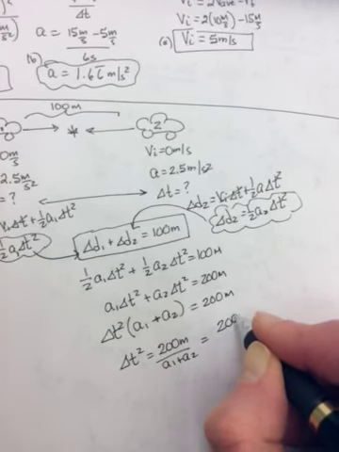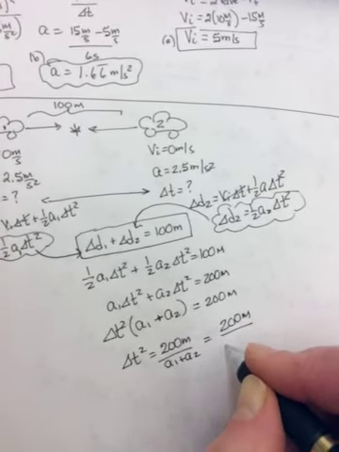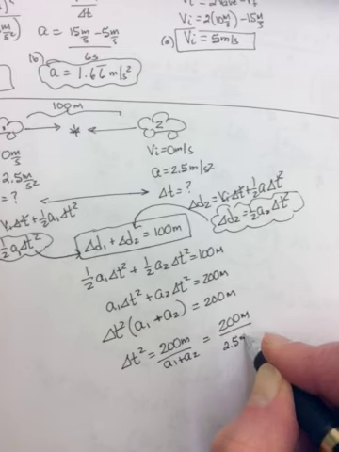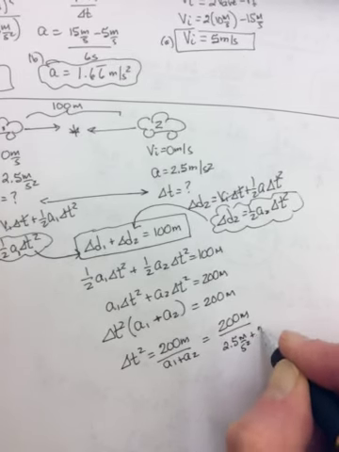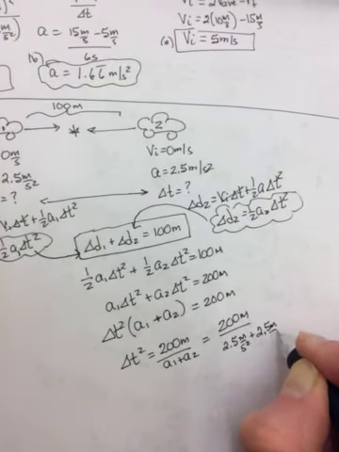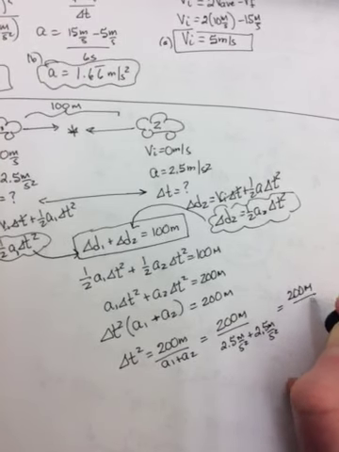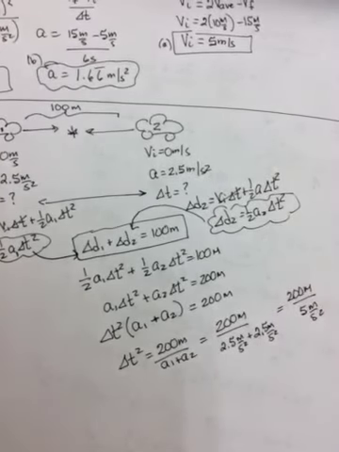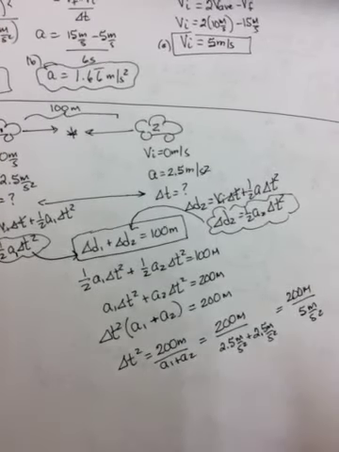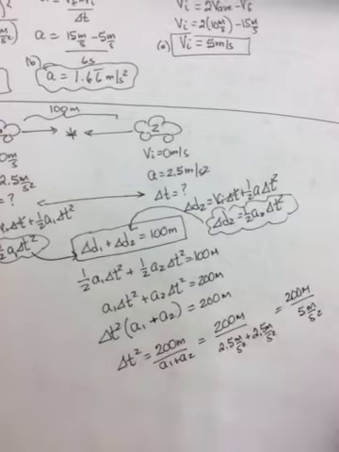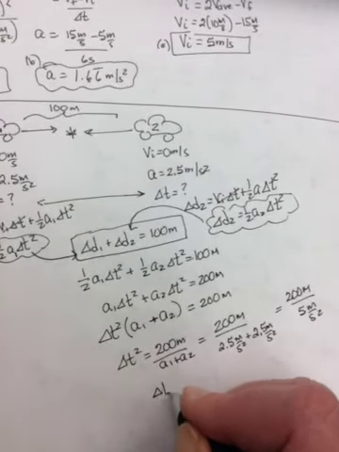So 200 meters over 2.5 meters per second squared plus 2.5 meters per second squared. In other words, 200 meters over 5 meters per second squared. 5 goes into 200 40 times, and that's T squared.